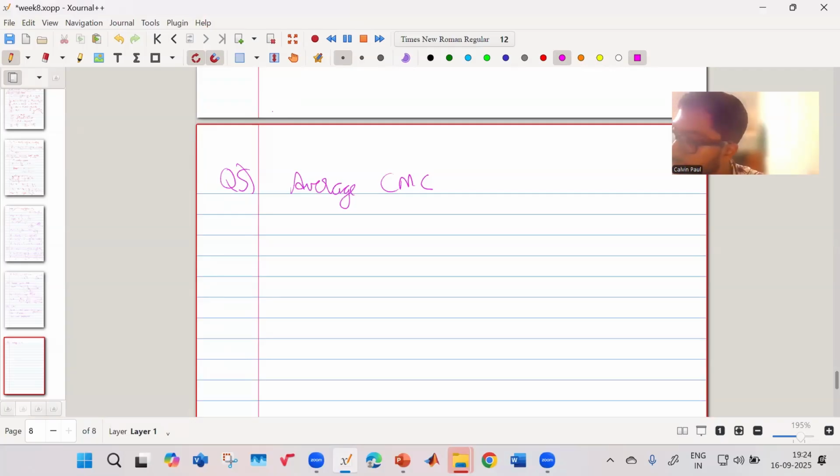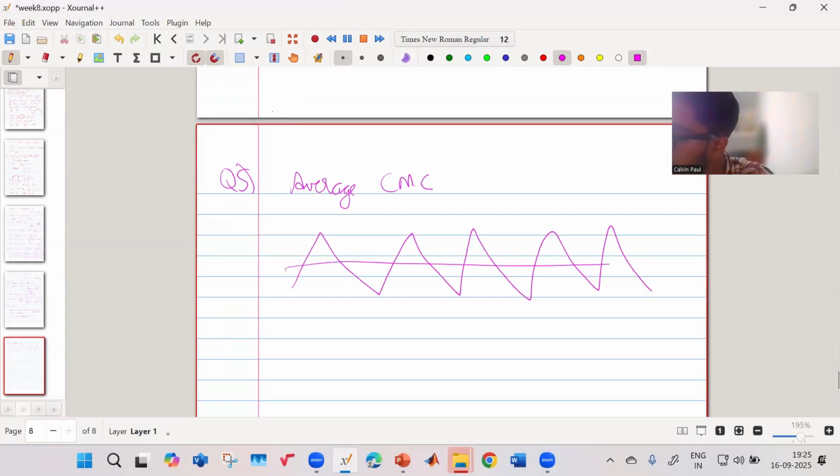In average current mode control, this is your inductor current, right? We want to control this average. But in peak current mode control, we are controlling this peak, and indirectly we are trying to control the average. But in some cases, that's not good.